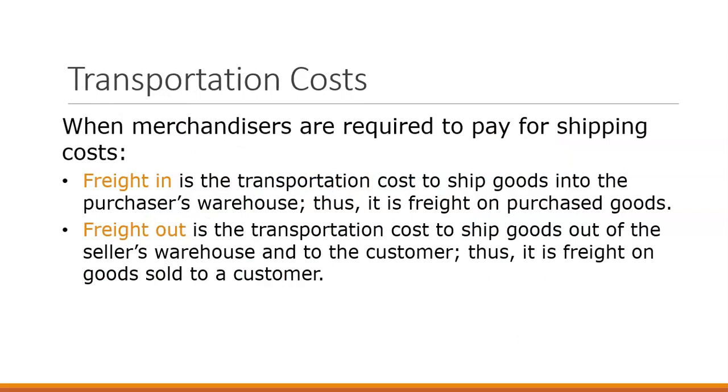Okay. When a merchandiser is required to pay for shipping costs, we either have freight in or freight out. Freight in is the transportation cost to ship goods into the warehouse, so it's freight on purchased goods. For example, I'm Target and I buy goods to place on my shelves.